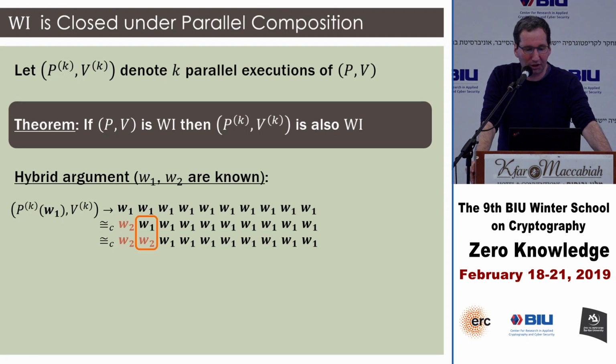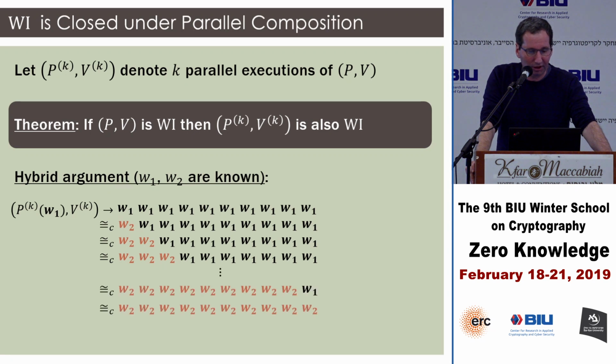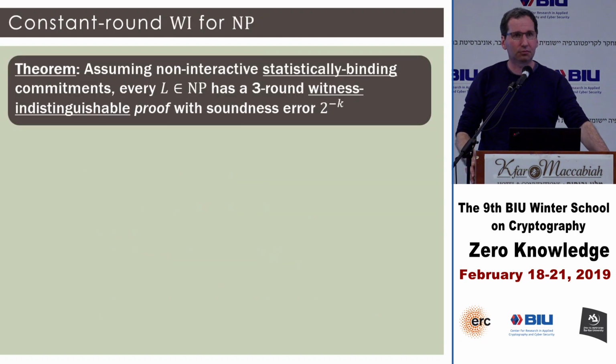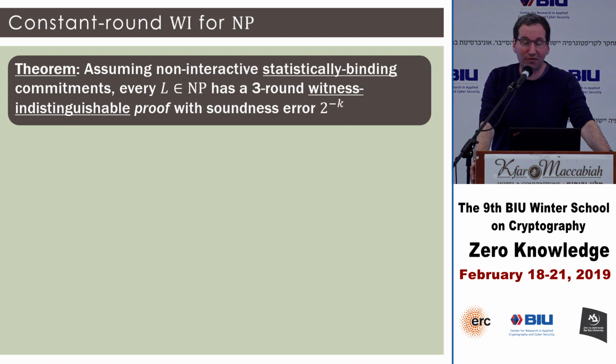You do the hybrid argument, and by the end of this process, I hope it will not take too long, you end up with the K repetitions where you only use W2. So composition is really easy with witness indistinguishability using a hybrid argument. It doesn't have to be polynomial, but typically we take it to be polynomial.